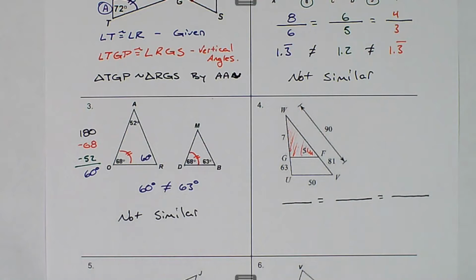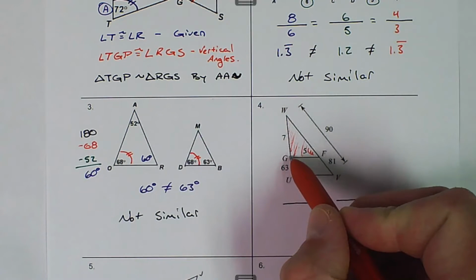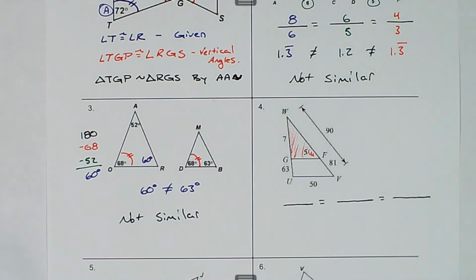So I know this drawing is kind of deceiving because it says that this dimension from here to here is 7, and this dimension from here to here is 63.